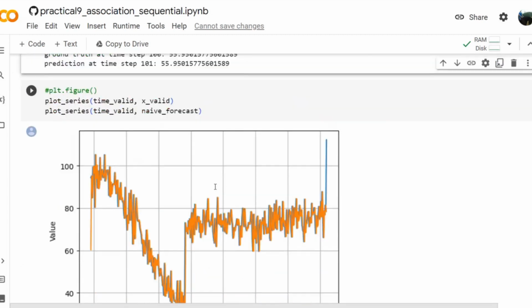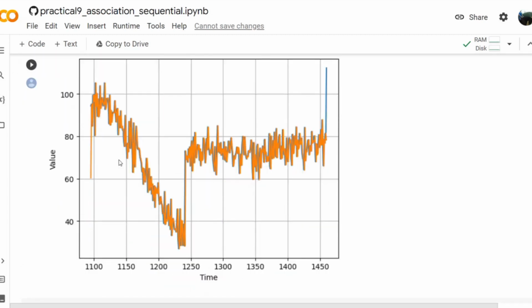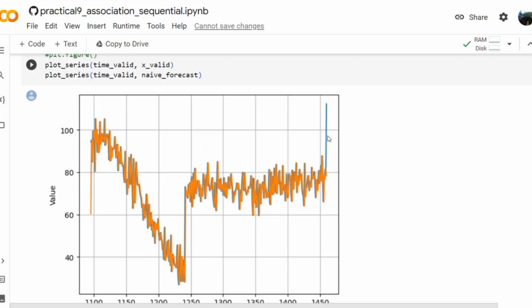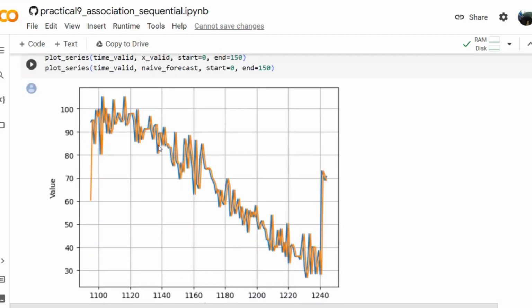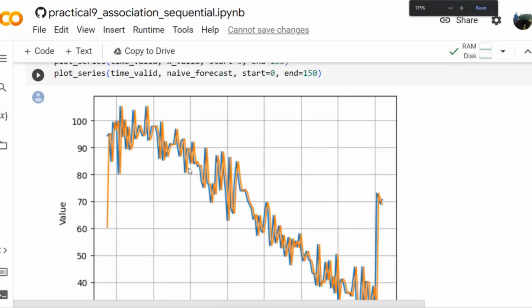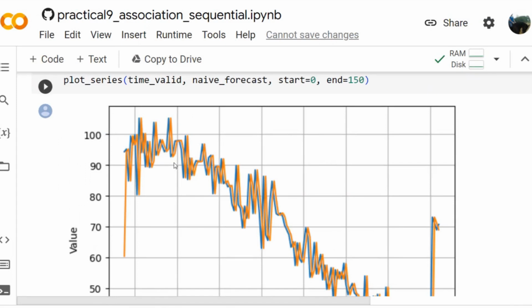Now, if you draw naive forecasting, it's going to look like this. So you see there are 2 figures here. By the way, I have plotted 2 figures. The first one, the blue one, is the validation set. And the orange one is for the forecasted value. If you zoom in, you can now see clearly that there are 2 figures, blue and orange, right? And you say actually it's doing good.